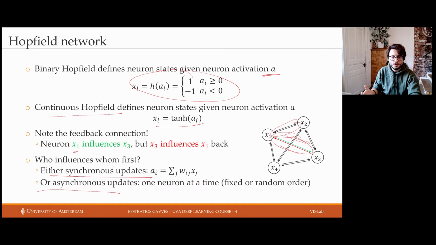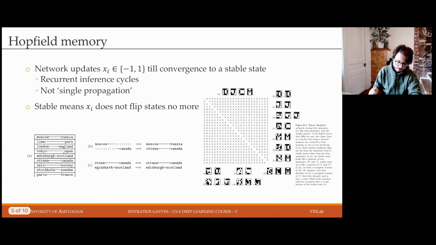Of course, all these choices can have a very severe impact on the behavior of our model. Now, Hopfield networks are very well connected with memories, Hopfield memories. That's actually what is quite nice about them.